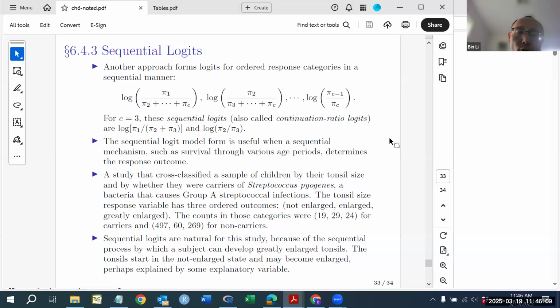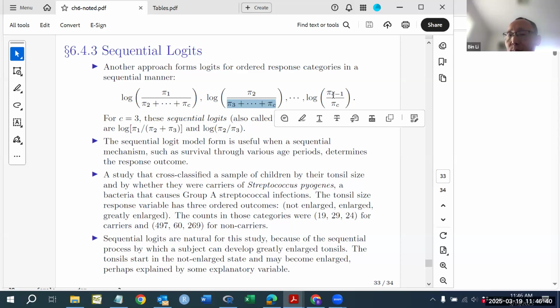For the sequential logit model, it's slightly different. It's modeling the log of what? The pi 1 over the rest of the categories' cumulative probability. And the second one is pi 2, that's the second category's probability, over pi 3 plus up to pi c.